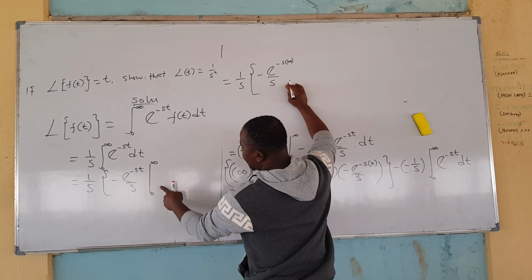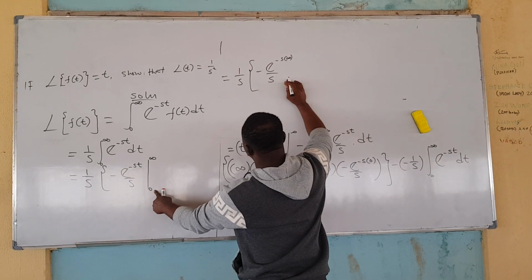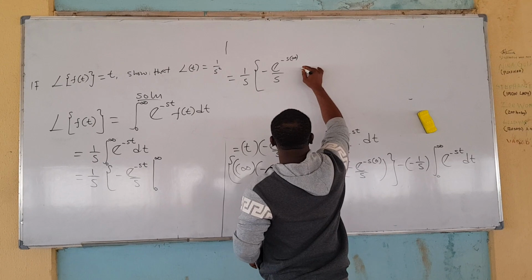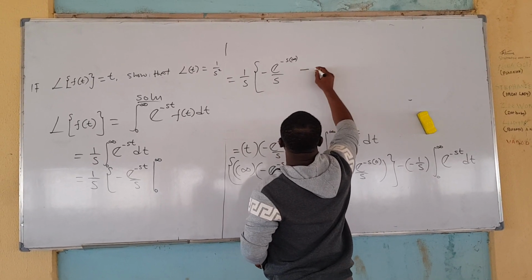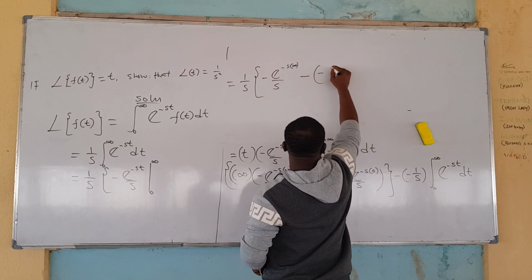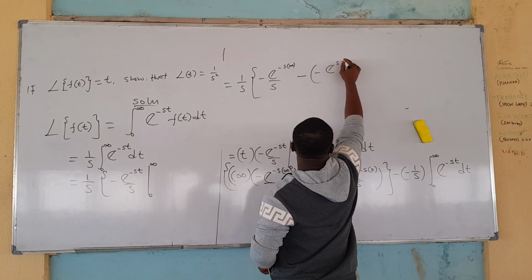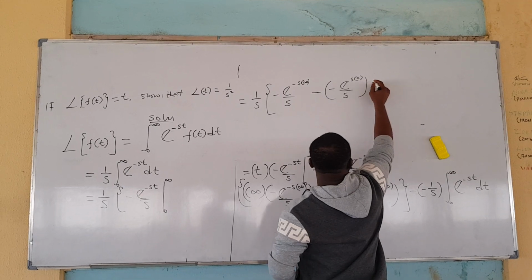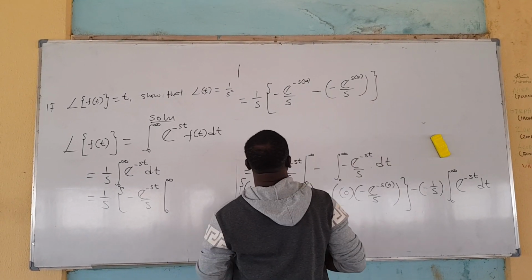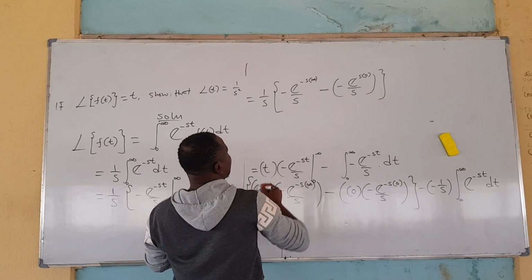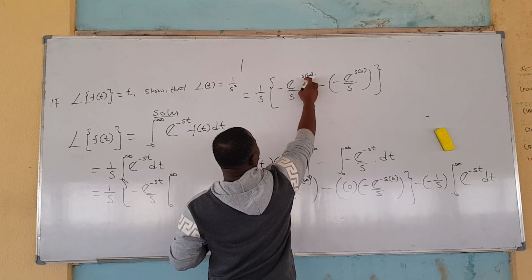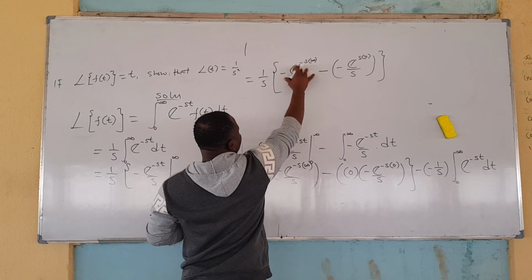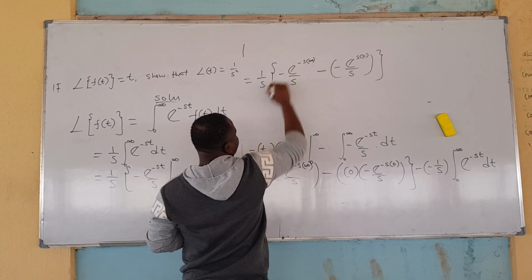Then we now substitute in 0, then minus, all in bracket, minus exponential s, all in bracket 0, all over s, then close the bracket, close this one. Now, without more telling you, because of this infinity, the whole of this will be 0.